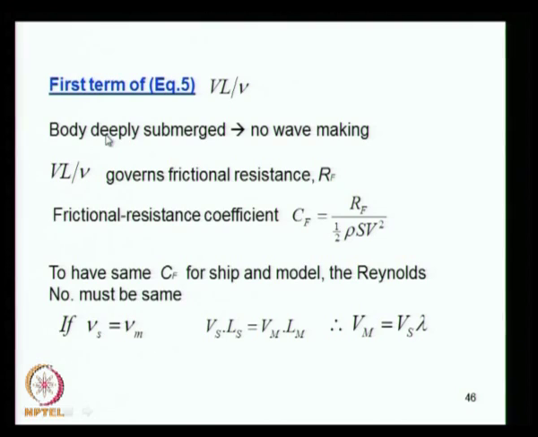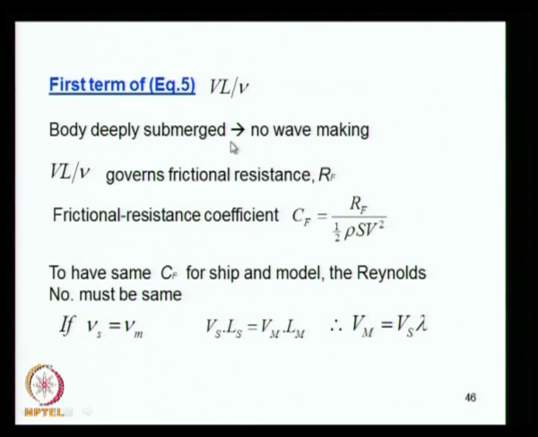So now here what we consider is a body that is deeply submerged, there is no wave making. In the initial case when we discussed Froude number, we assumed inviscid flow, so we ignored the Reynolds number, and we finally said it is only the wave making resistance or residual resistance that is important. Now we are just considering the body is deeply submerged.